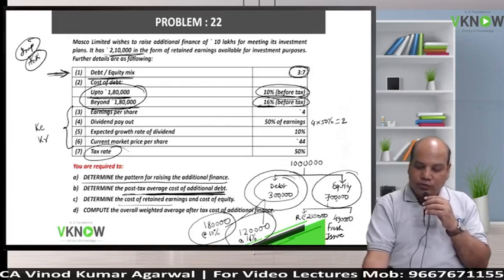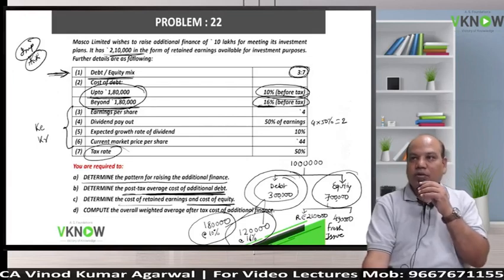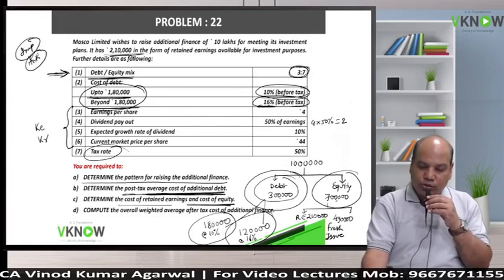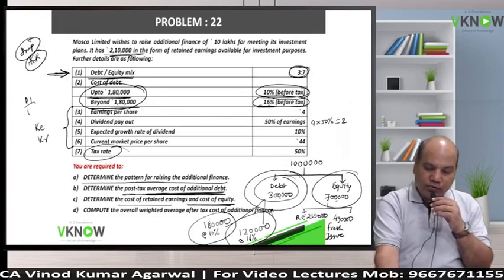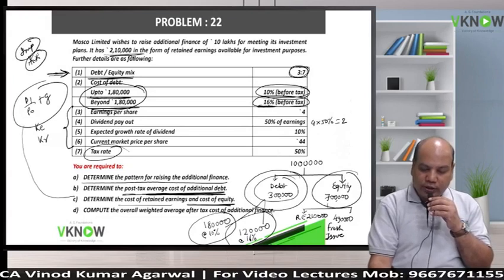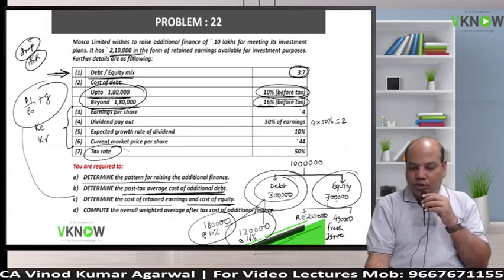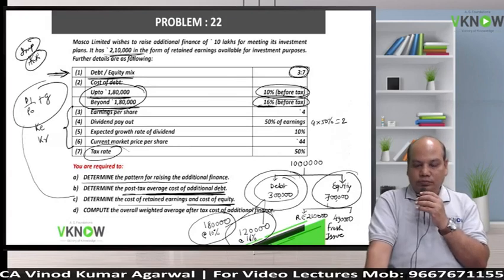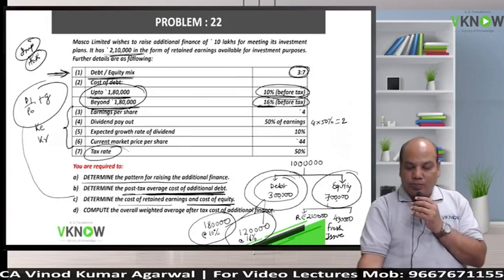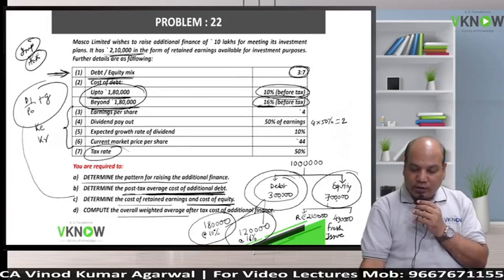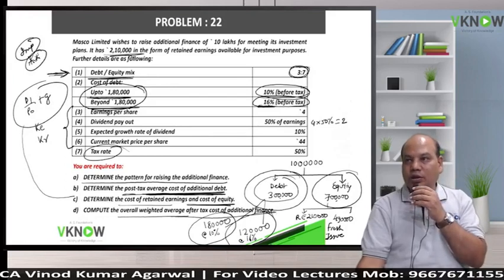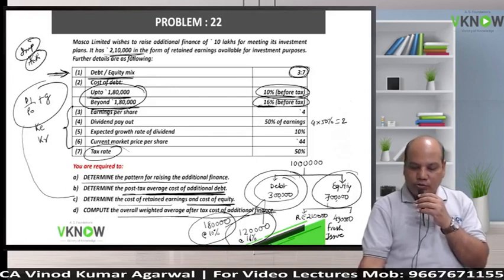Determine the cost of retained earning and cost of equity. So by using the formula D1 by P0 plus G, you can find out the cost of retained earning and cost of equity. Both will be same because there is no flotation cost. Am I right? Yes. And compute the overall weighted average after tax cost of additional finance, which means MCC.